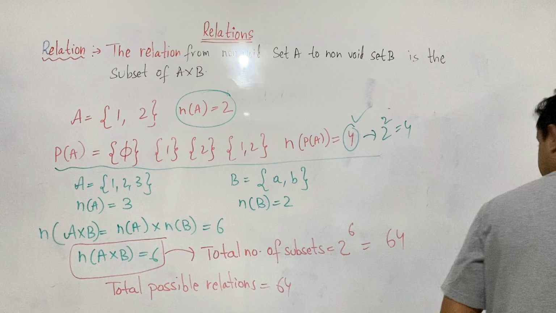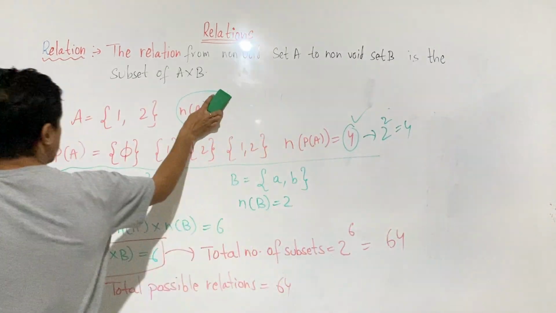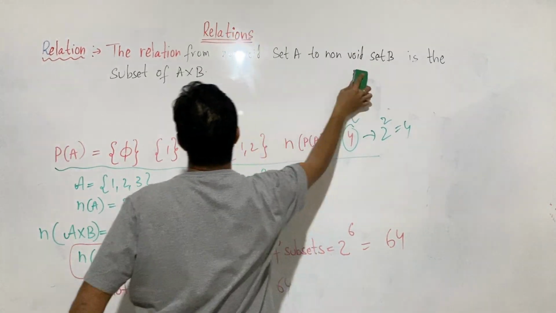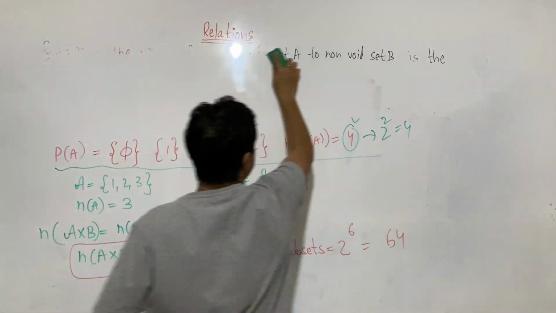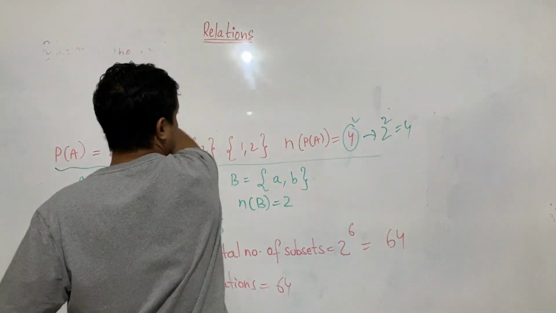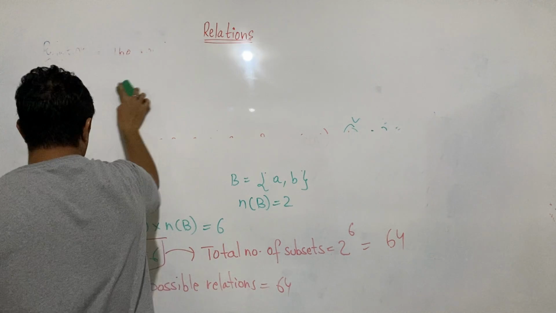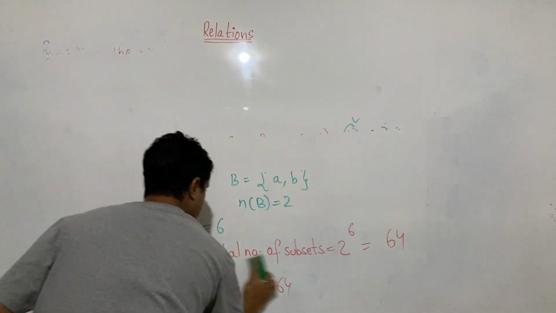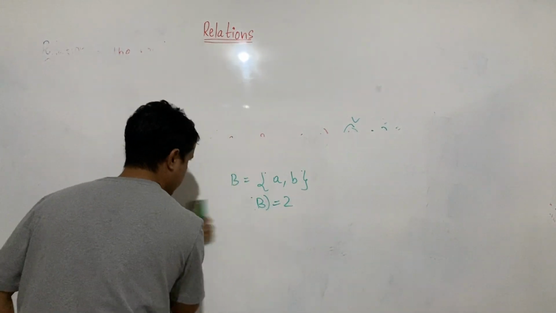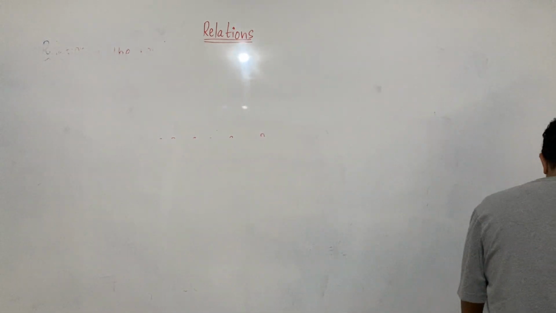Now there is one more thing: domain, range and codomain.